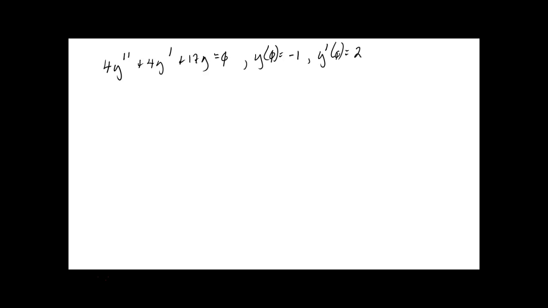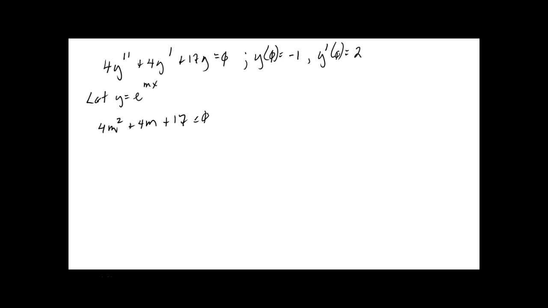All right. What would be your solution? Assume, let y equal e to the mx. Now proceed from there. 4m squared plus 4m plus 17 equals 0.